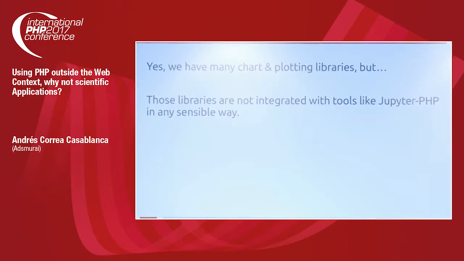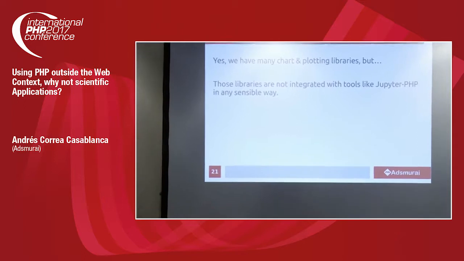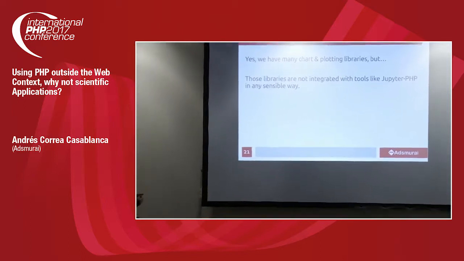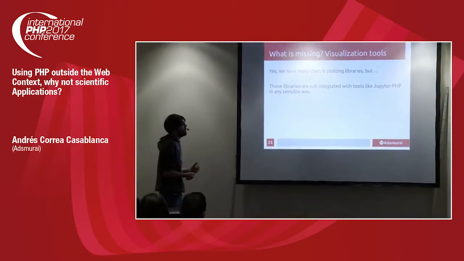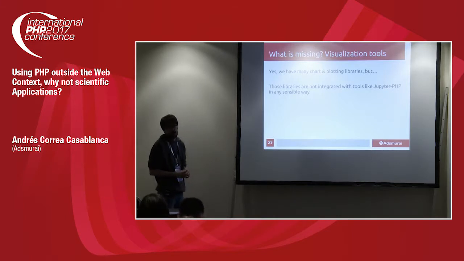More things that we don't have: visualization tools. Okay, we have plotting libraries and that sort of things, but we didn't integrate them with day-to-day working tools like Jupyter PHP. We'll see that in a few minutes. Like we can do in Python.